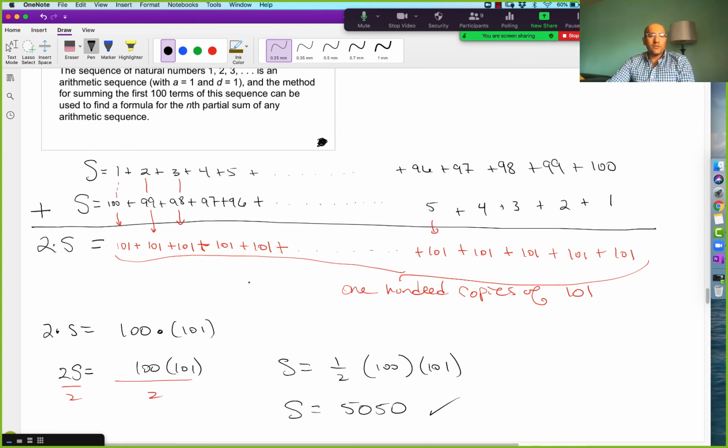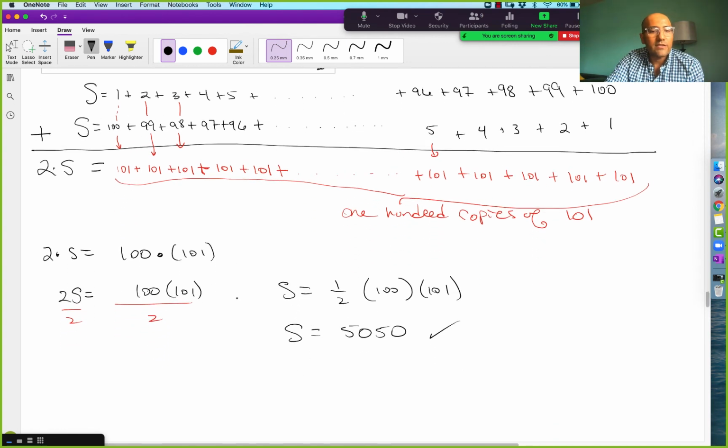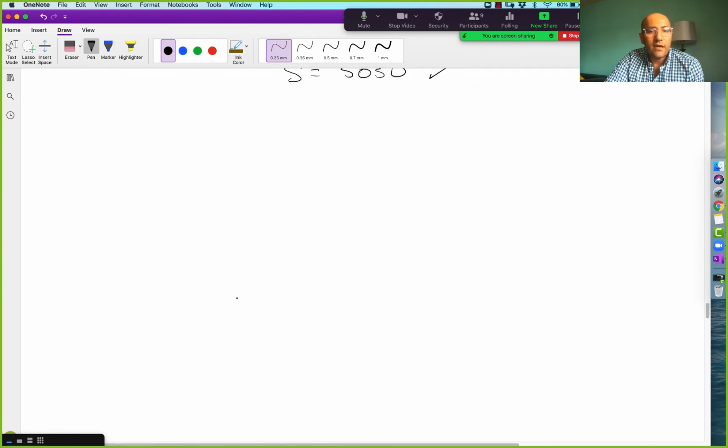Okay, so this was just a simple example where we just want to add the first 100 numbers. But what if we want to apply the same idea, the same pattern that he did, in general to any arithmetic sequence? So we want to follow the same technique to be able to figure out a general pattern.